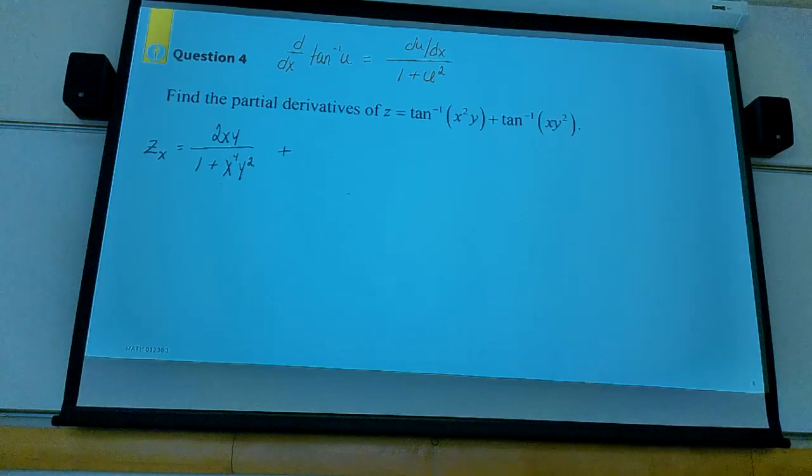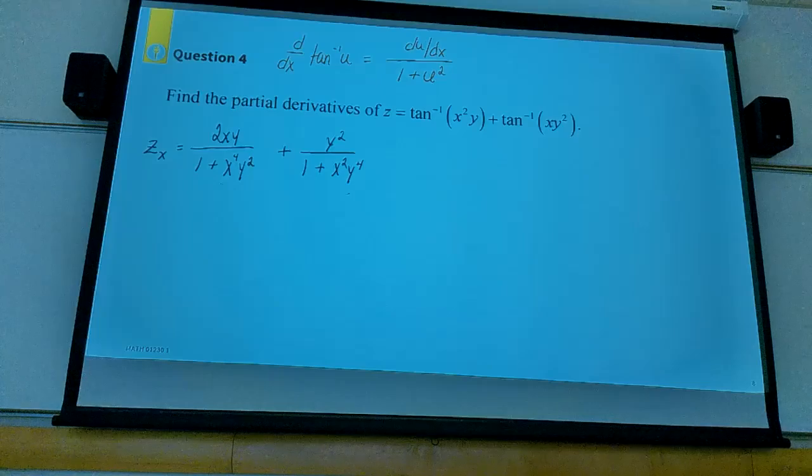That's just the y squared. Now over 1 plus, what do you take the inverse tangent of? Square it. And there's your partial with respect to x.